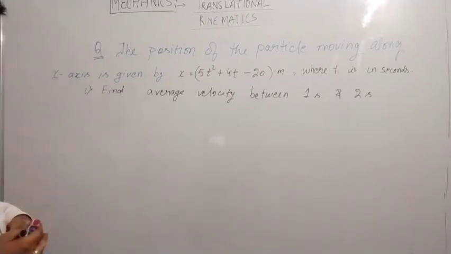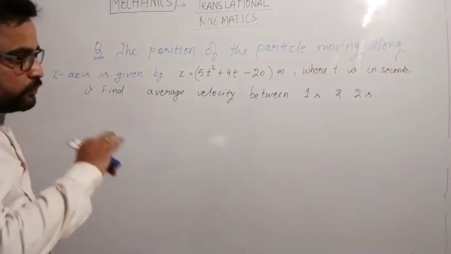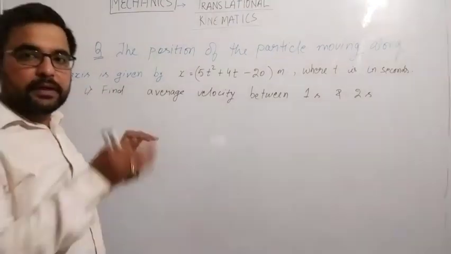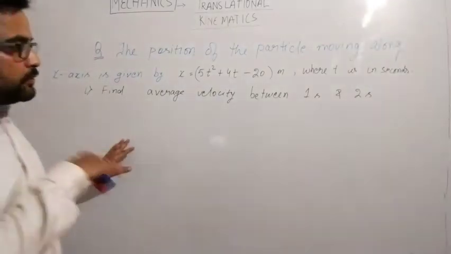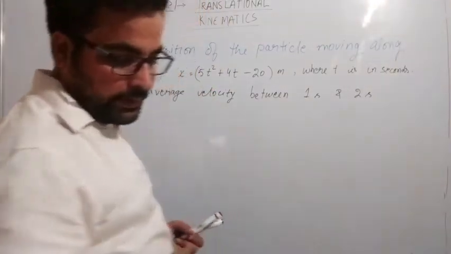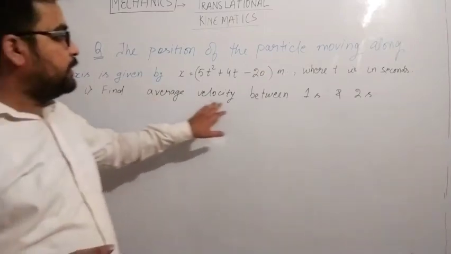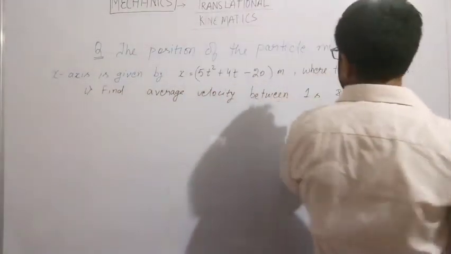We have less space, so we will write the first part, solve it, then write the second part and solve it. So there are 4 parts of this question. So find the average velocity between 1 second and 2 seconds.